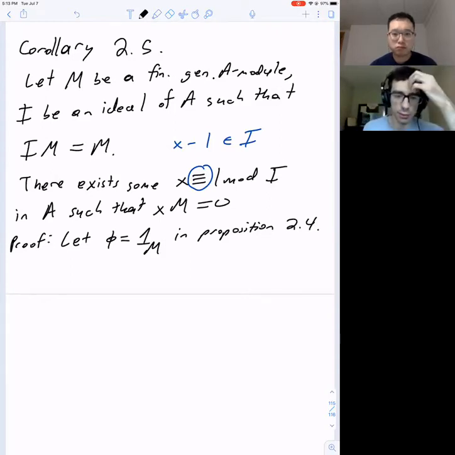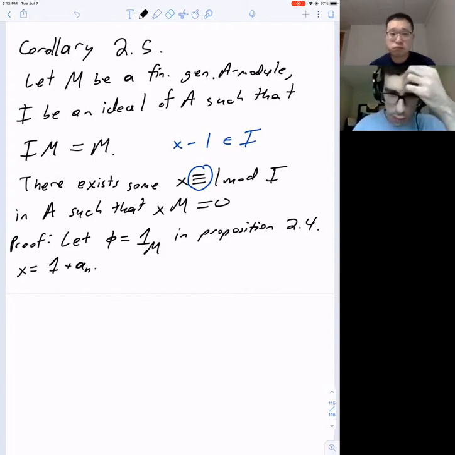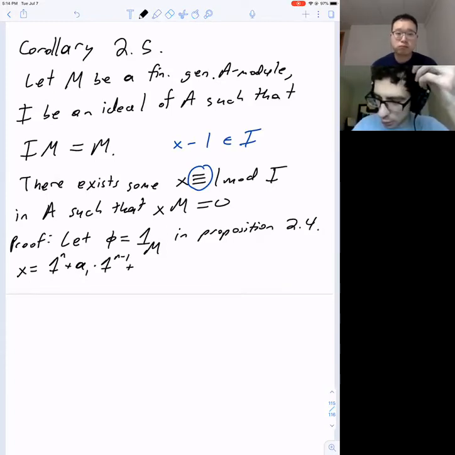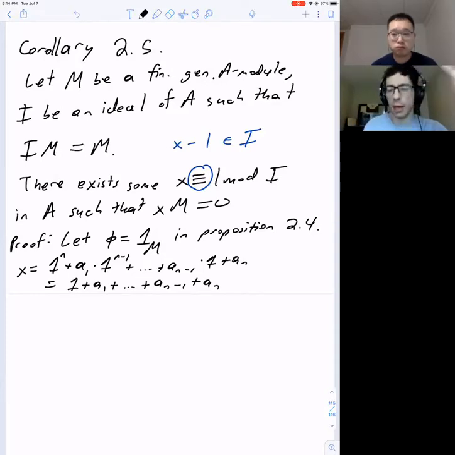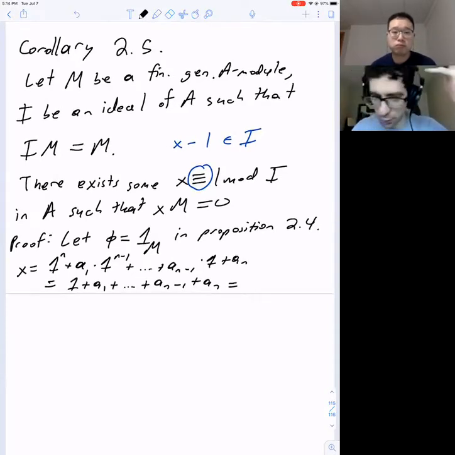Then proposition 2.4 says that x is 1 plus a1 times 1 to the n minus 1, all the way down to a(n-1) times 1 plus an. That's just the same as 1 plus a1 plus ... plus a(n-1) plus an.